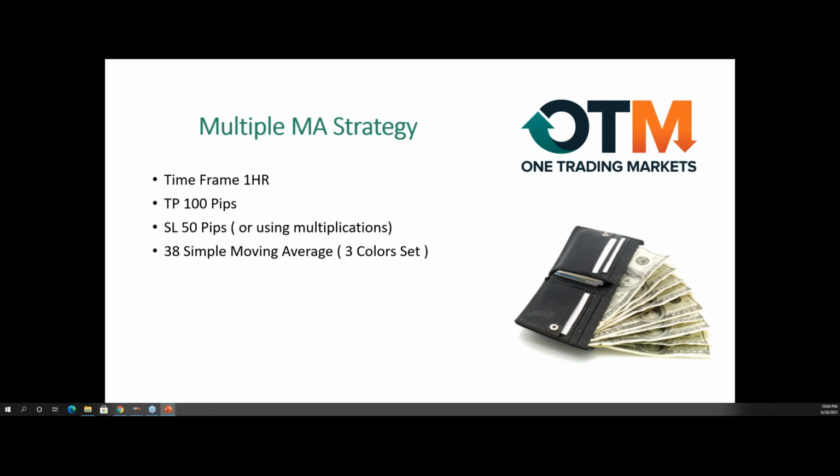The summary will be around 250 pips in profit. Even if 7 are losses and 3 are gains, you will still at least break even. That's why we are choosing the take profit to be 100 pips and the stop loss 50 pips.